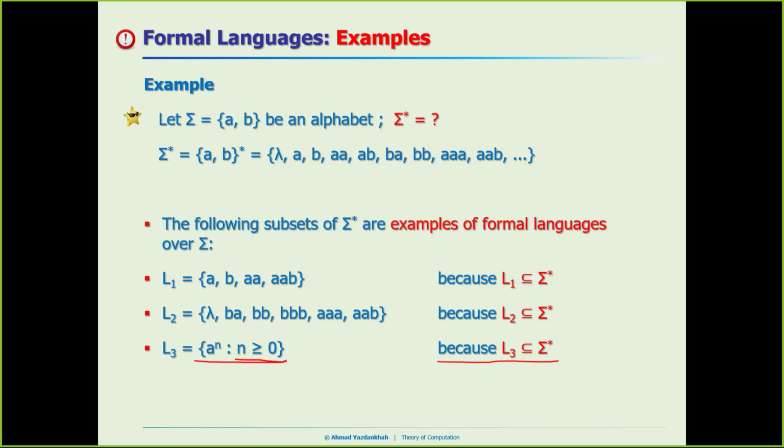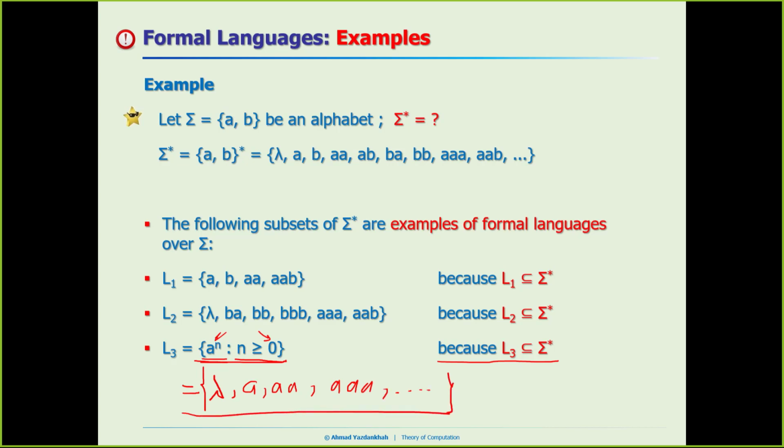Its pattern is a to the n, and n can go from 0, 1, 2, 3, so it's a set builder, right? If you enumerate this, what do you get? If n is equal to 0, what do you get here? Lambda. If n is equal to 1, you get a, and then aa, and aaa, and so on. So this is this language.